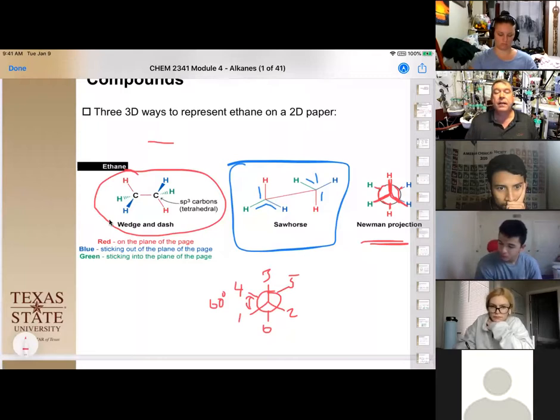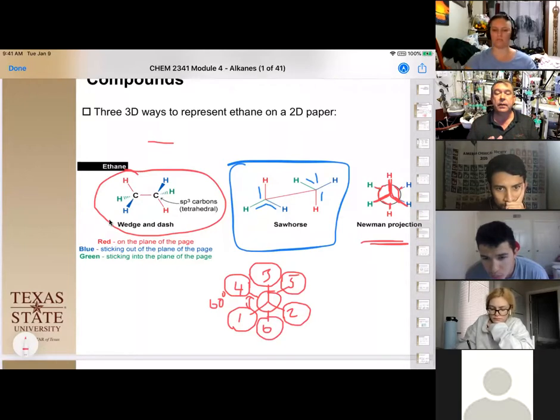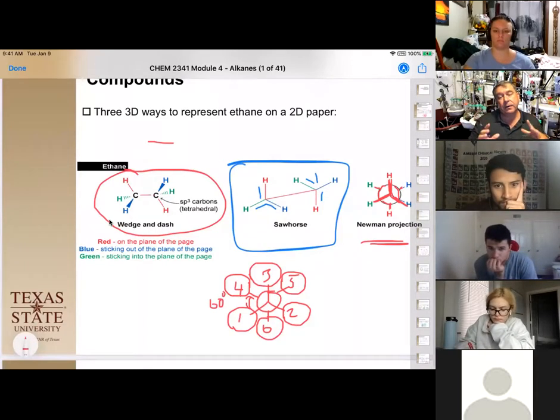Okay. Now, the reason this is the lowest energy is that this is taking up space. Each of these is taking up space. And now we're staggering those electron clouds as much as we can. So when we stagger those electron clouds as much as we can, there's the least amount of repulsion between those clouds, and that's how we get this staggered configuration.